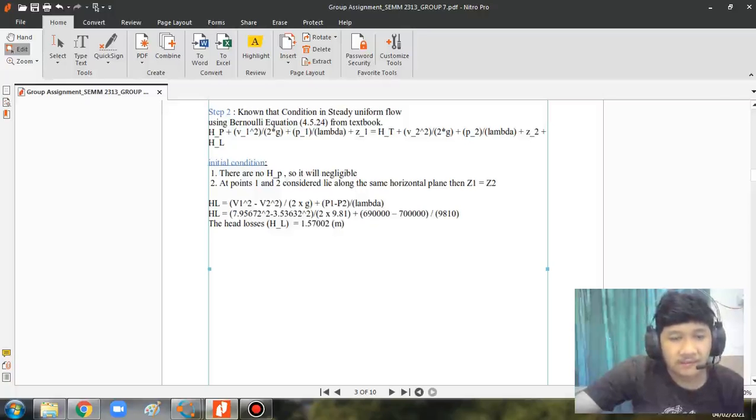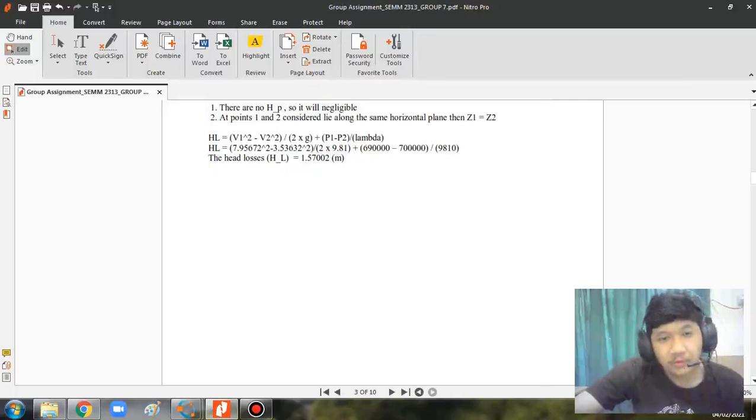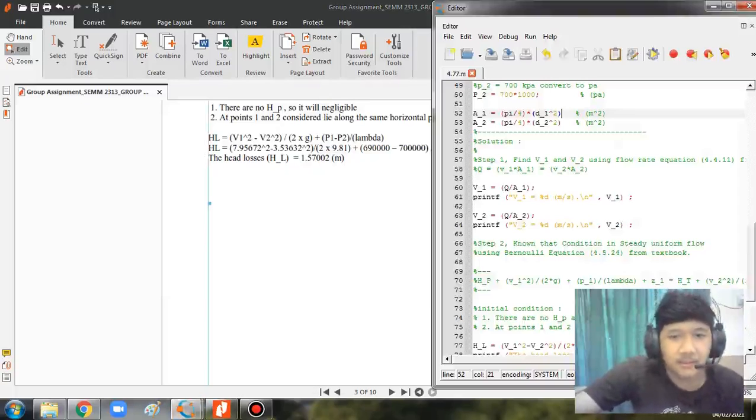We have V1 to the power of 2 minus V2 to the power of 2, divided by 2G, plus P1 minus P2 divided by lambda. So we have 1.57002 in meters. So let's get started in MATLAB.